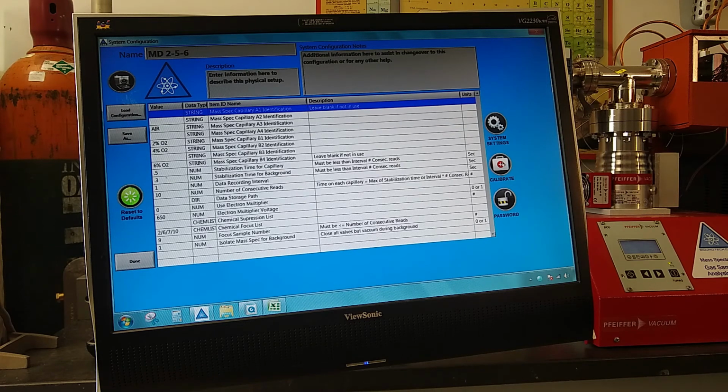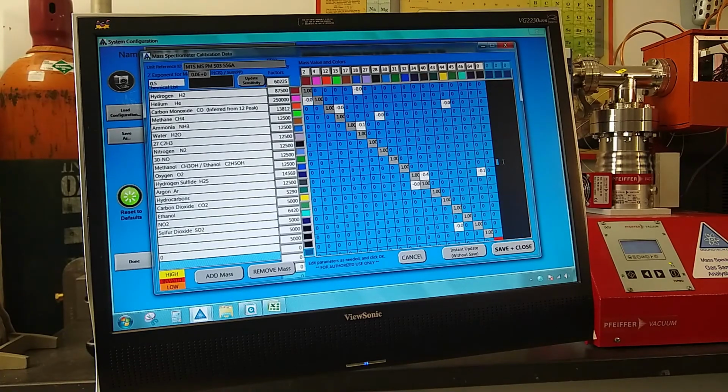So let's go a step deeper into this configuration and let's look at our calibration screen. Here's the calibration. Now the calibration of a mass spec is performed by introducing a gas standard into the inlet. So we have our gas supplier provide a known concentration of gas to us, and we introduce that into the mass spec and we look at the response, and we can adjust the sensitivity of the mass spec accordingly.